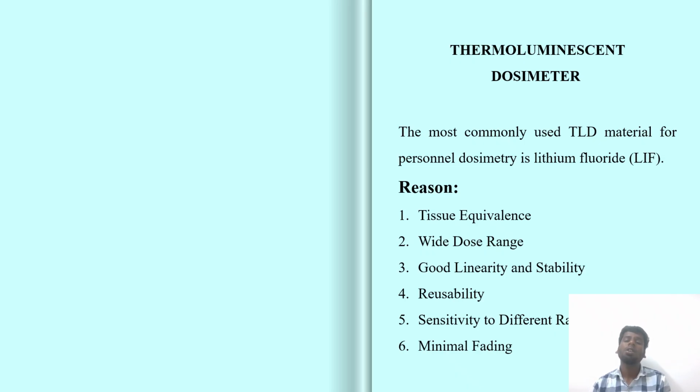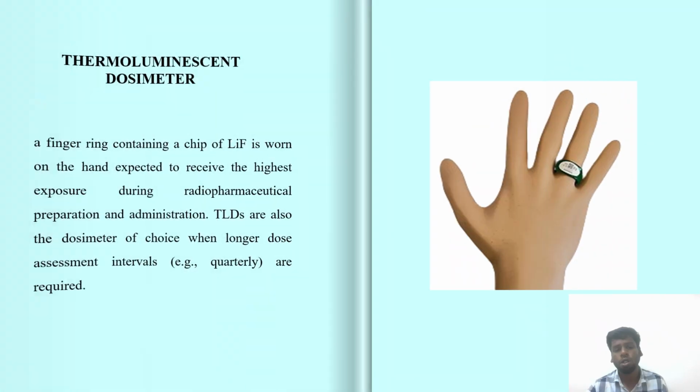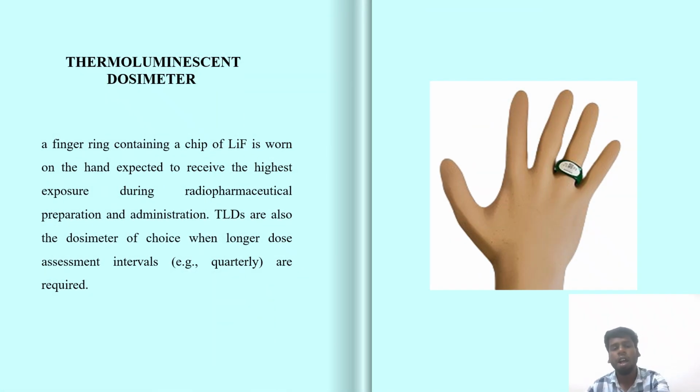We can view the values only a single time, so we need careful calibration for this dosimeter. We also have finger ring dosimeters, which are used for the highest exposure in pharmaceutical preparation and administration. Longer dose assessment intervals are required for this dosimeter.